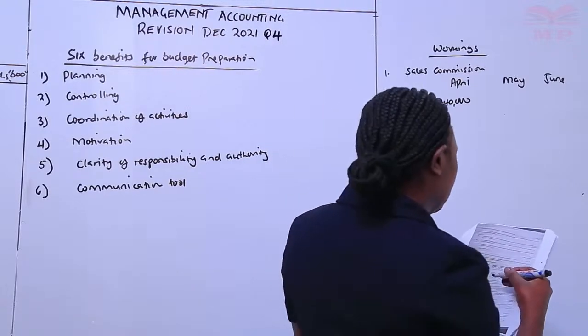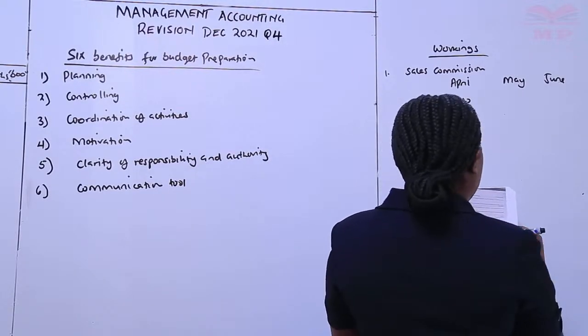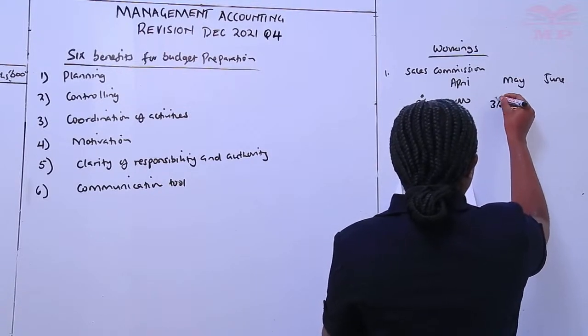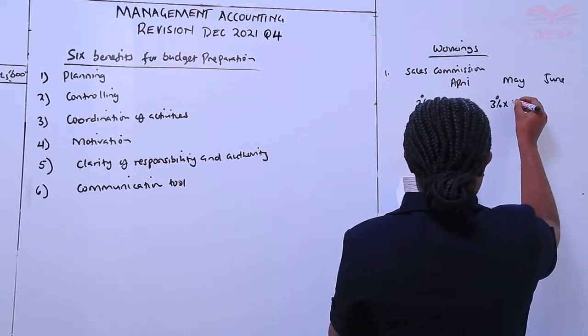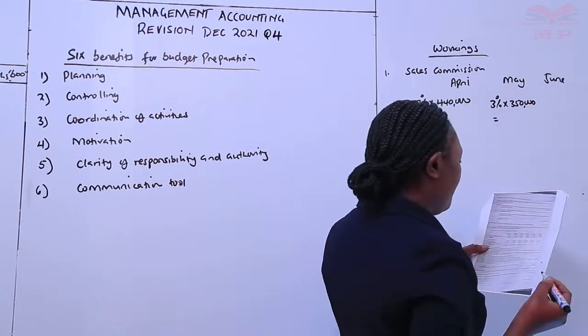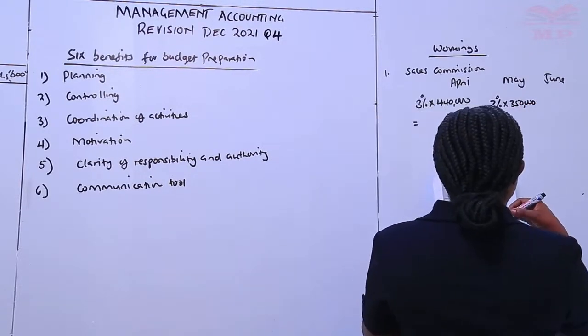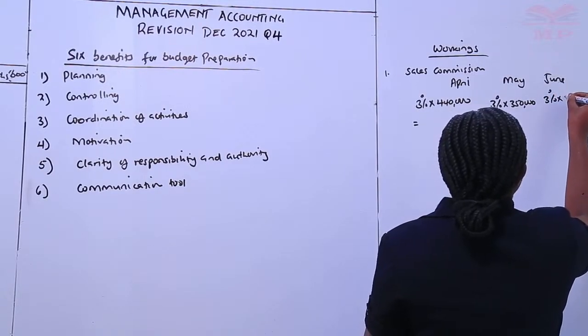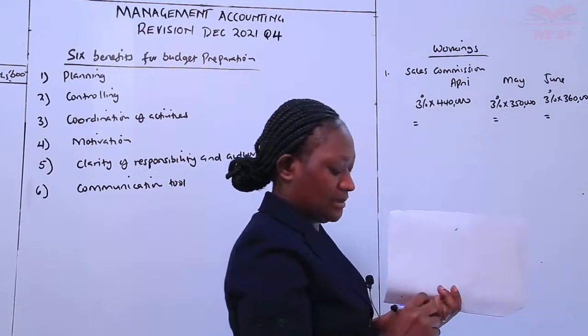For May, we will take 3% of the sales of April, 350,000. What will we get? Then for June, we get the sales of May. That's 3% multiplied by 360,000. Then that will be the commission.